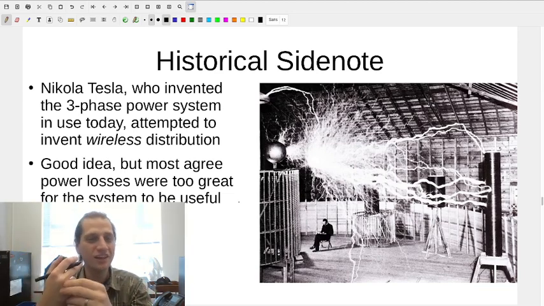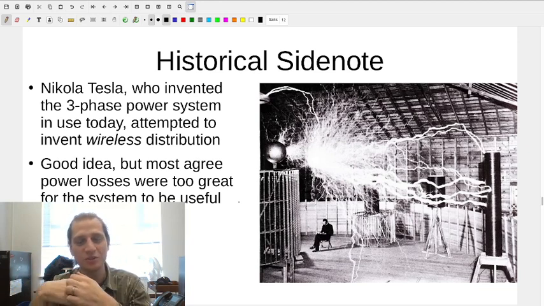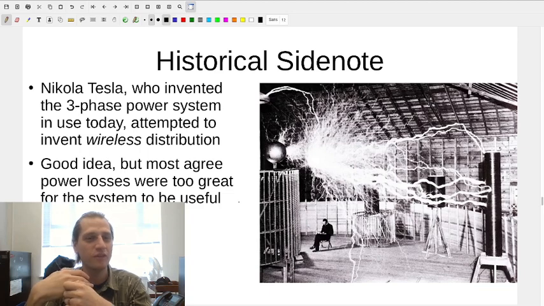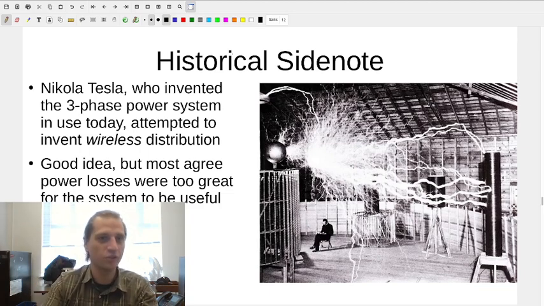There's a lot of interesting history behind this, but I think that modern experts are sort of agreed on the fact that the power losses would be a little too great for this to be a very useful system.